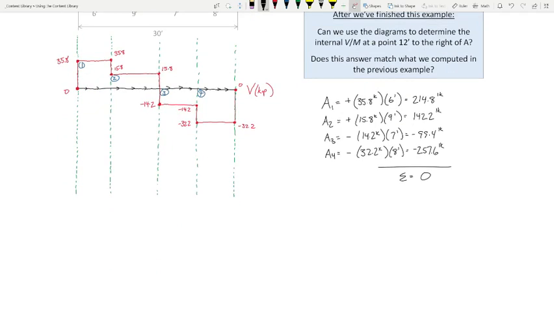So now we're going to construct our moment diagram. I'm going to trace these dashed lines down a little bit further. And I'm going to do the same thing I did before. I'm going to draw a flat horizontal line and put some tick marks on it.